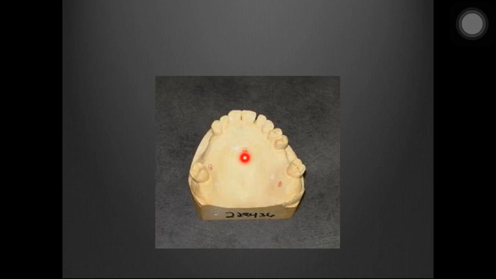You can see that this mark and this mark all need to be touched at the same time by the surveyor, and this will automatically orient the cast in that particular direction.